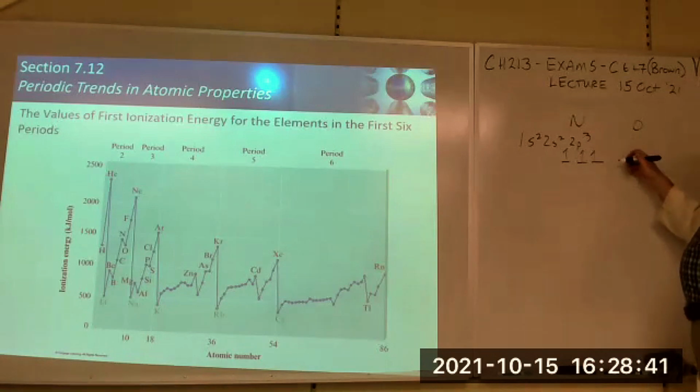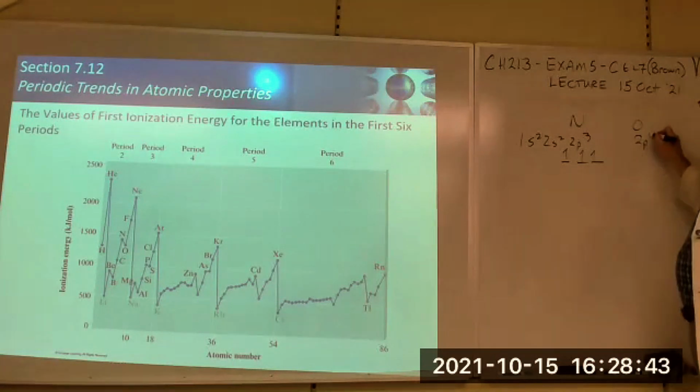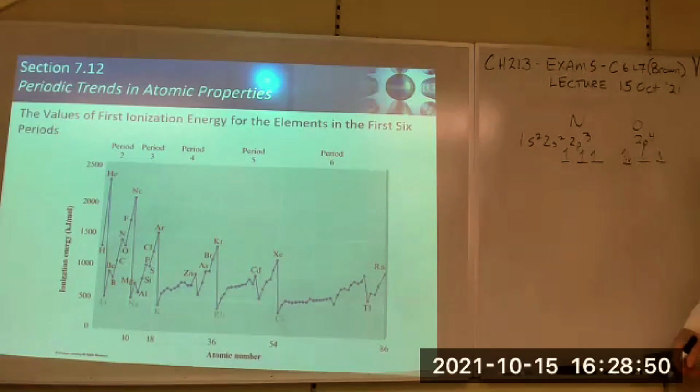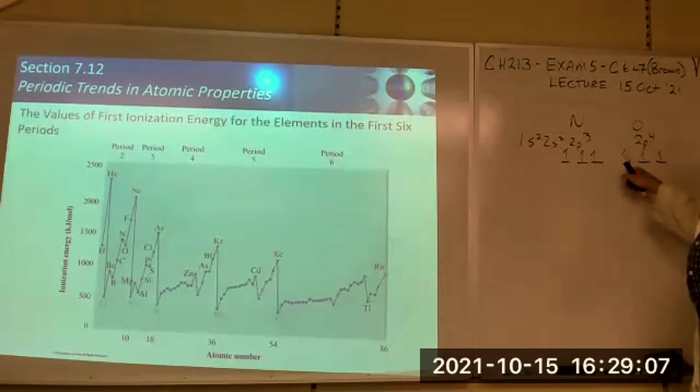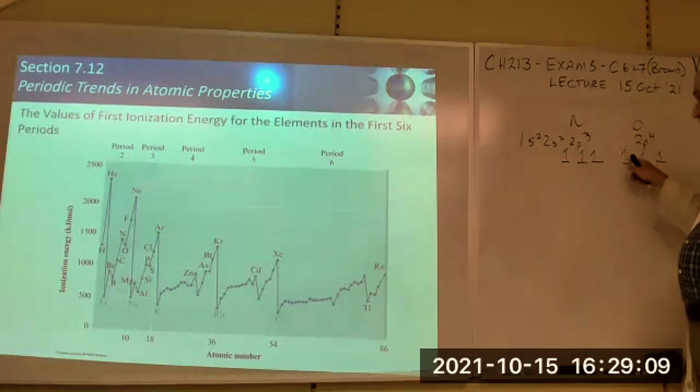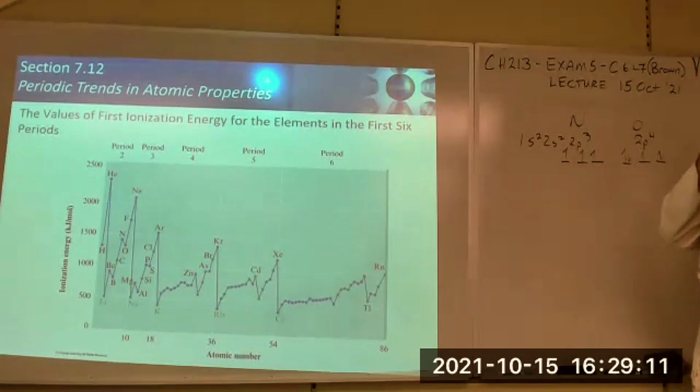Oxygen is just one to the right, so it has 2p4. 1, 2, 3, 4. It's easier to remove that outer electron for oxygen. See the difference there? Because there's repulsion. Repulsion with this electron as its neighbor makes it easier. It's actually at a slightly higher energy level than the others. So you can remove that electron with less energy input.